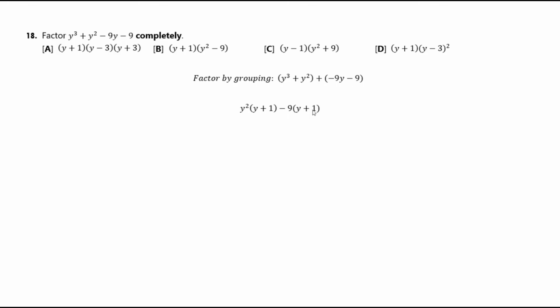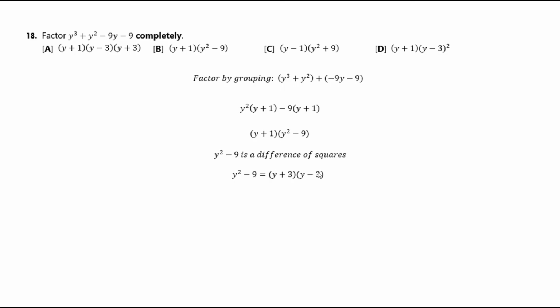So since these two match, that means you're doing this correctly. Now that we have y plus 1, as you see that you have two of them, go ahead and make one of them your factor. So y plus 1 is one of your factors, and your other factor is y squared minus 9. Remember that y squared minus 9 is a difference of squares, so that means that you can replace it as y plus 3 and y minus 3.